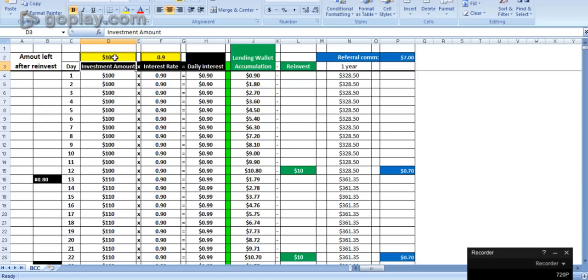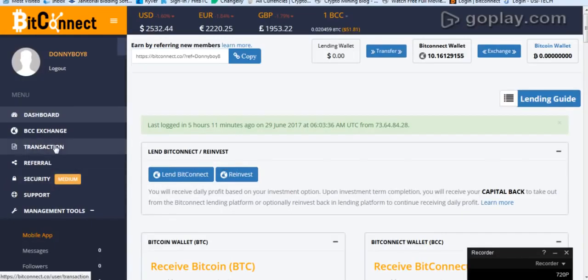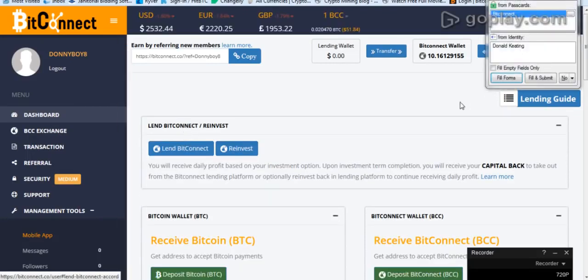That's why I have $100 in here. And then this block is your average daily interest rate. I used 0.09 because that is what BitConnect has been averaging paying out over the last 30 days. And I just want to double check that again.